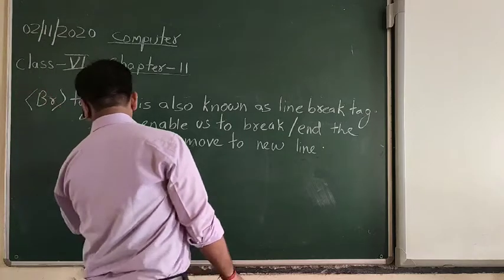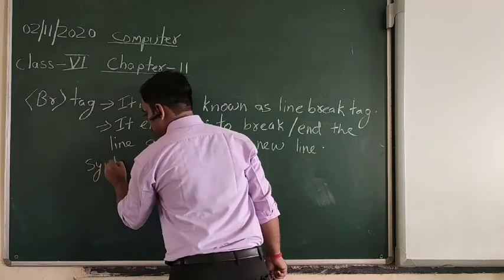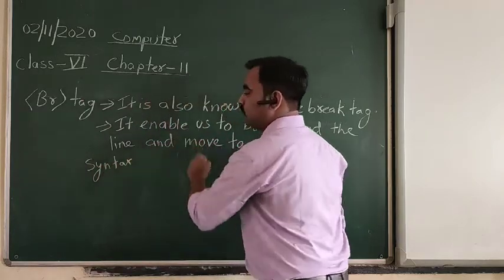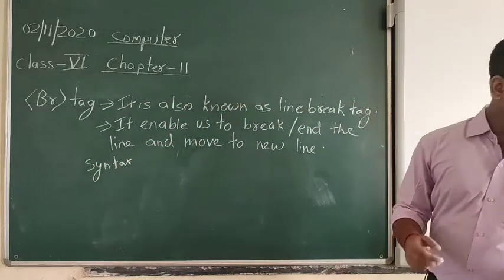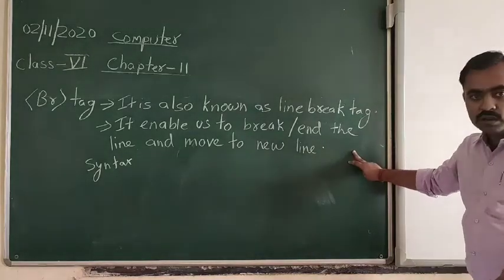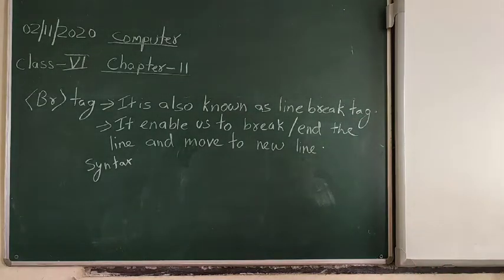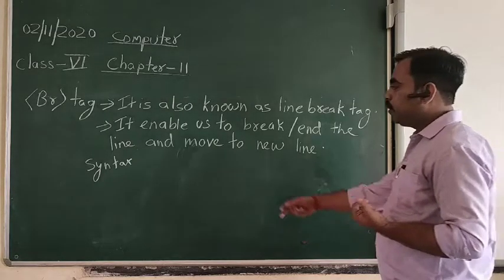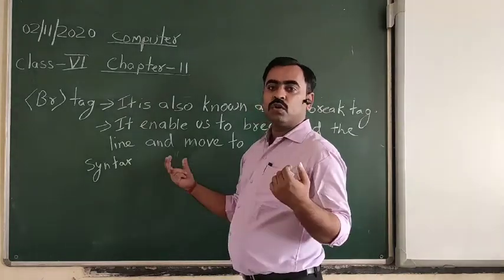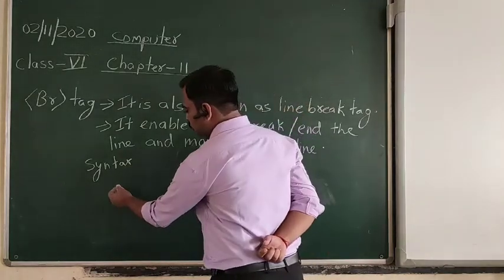The syntax of using the BR tag: the BR tag is an empty tag. It is a type of empty tag. So ending of the BR tag is not necessary. How can you use it?